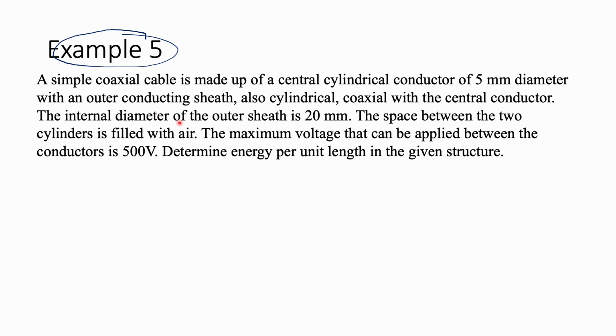The internal diameter of the outer sheath is 20 mm. The space between the two cylinders is filled with air, and the maximum voltage that can be applied between the conductors is 500 volts. So we need to determine the energy per unit length in the given structure.